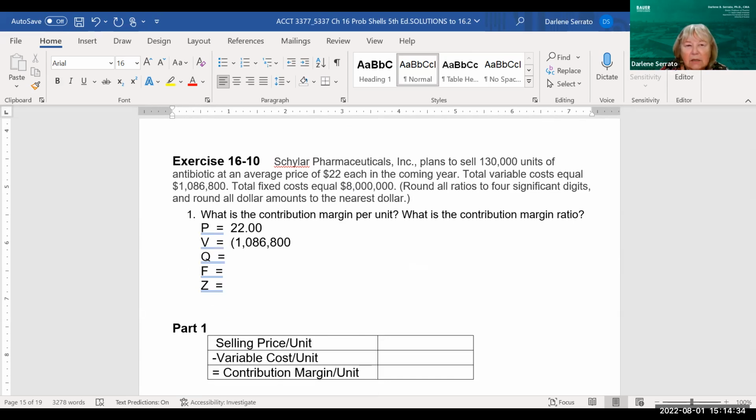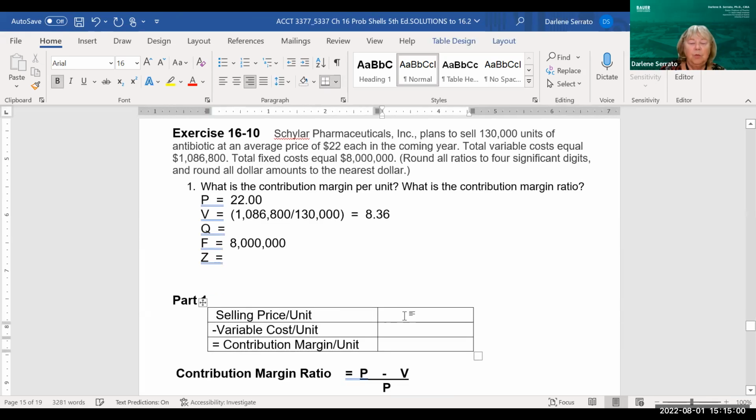That is for 130,000 units. It's going to give us 8.36. F, 8 million. Wow, that's a lot.